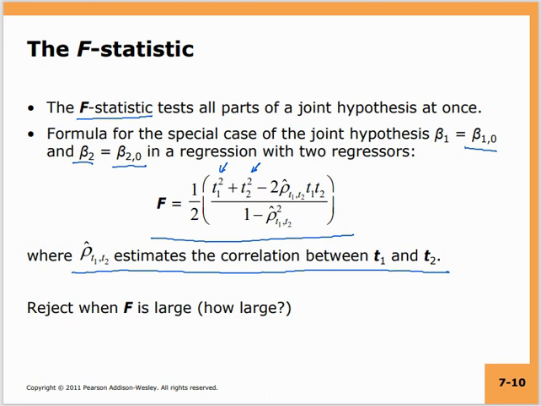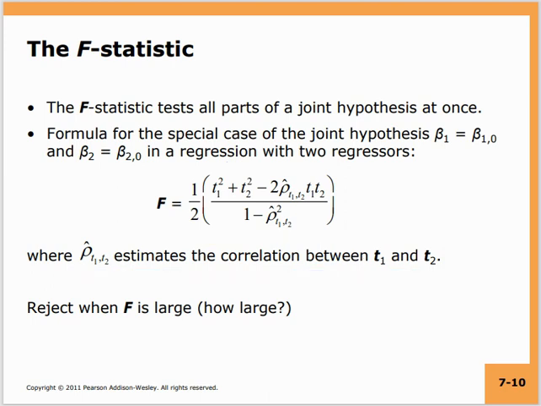So now you may wonder how there can be a correlation between t1 and t2. If x1 and x2 are correlated with each other, correlation of x1 and x2 is not equal to 0, and if x2 is also a causal variable towards y, if these two things are met, then there may be an omitted variable bias.